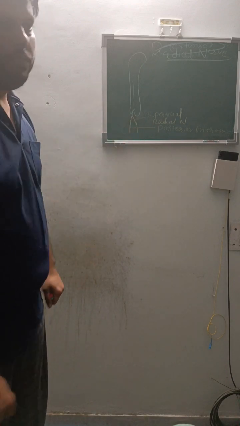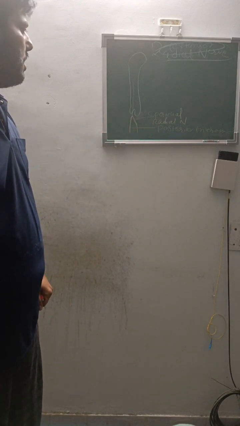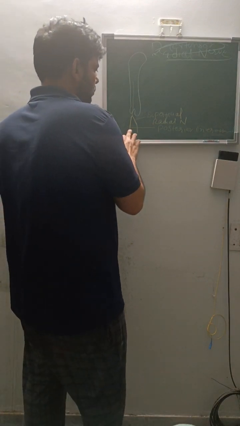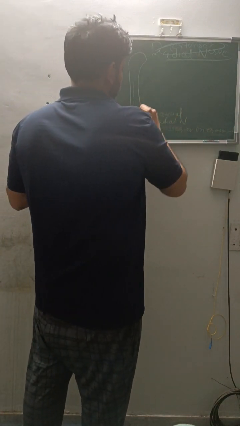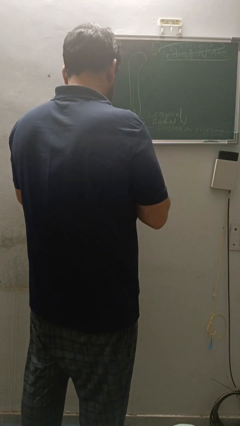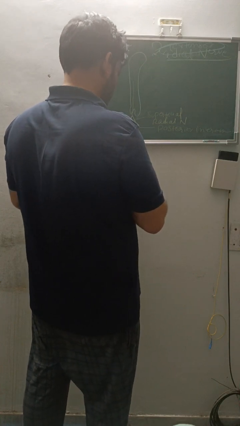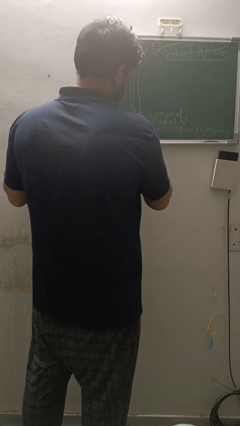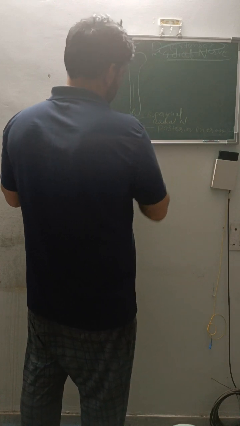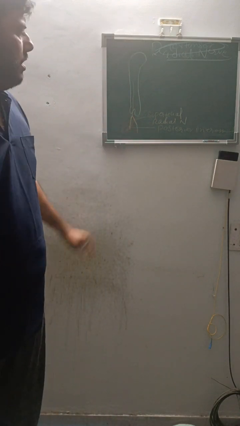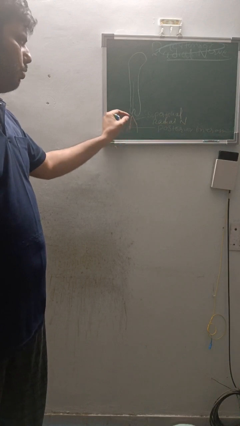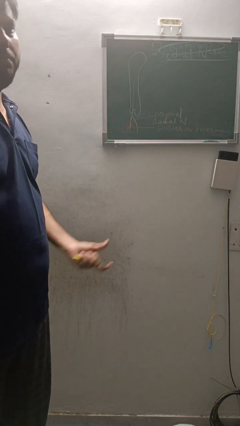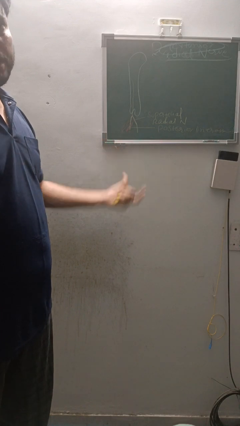Before it enters into the forearm, suppose this is your supinator muscle. So it enters the forearm by piercing the supinator muscle.